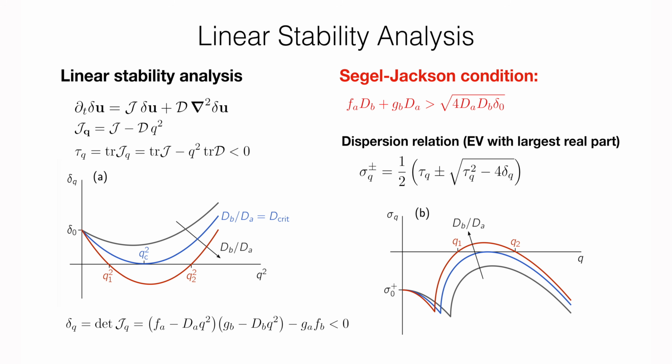And this we call a Turing instability because it has a lower and an upper bound. It's bound away from 0. There's no long wavelength instability. And also the dispersion relation is fully real. There's no complex eigenvalue here. It's just a real eigenvalue between q1 and q2. That's what we look at here specifically.